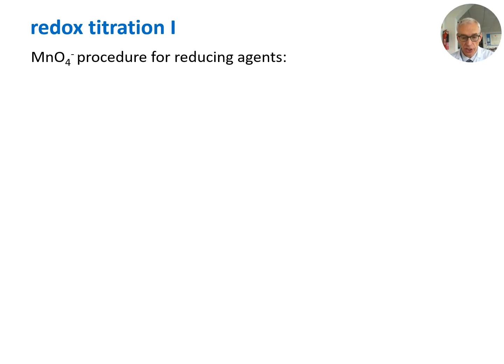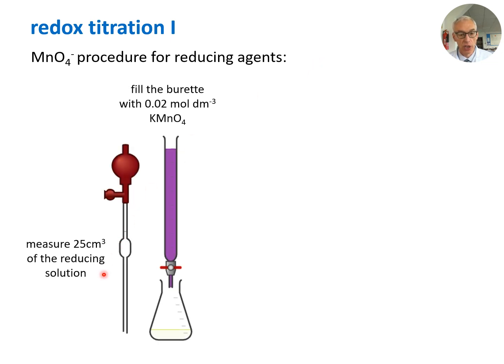So the procedure for quantifying reducing agents involves the titration of the strongly coloured manganate 7 ion. So if you fill the burette with, for example, 0.02 mole per decimeter cubed potassium manganate 7, that has a strongly purple color.